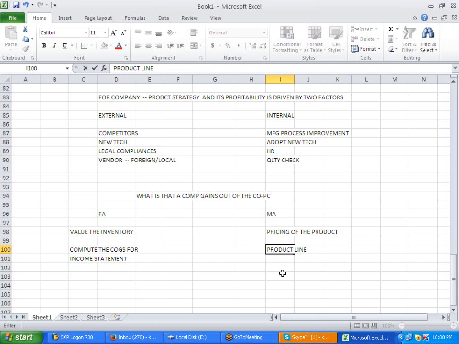It means deciding what to sell and what not to sell. I can take a decision on this. Next, I can manage, control or reduce the cost of the product.